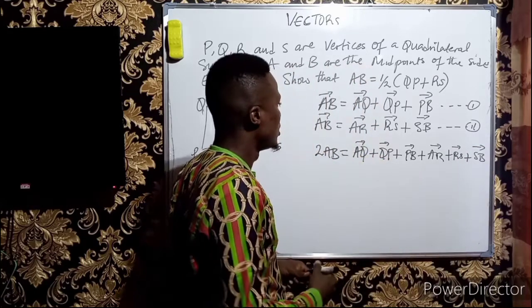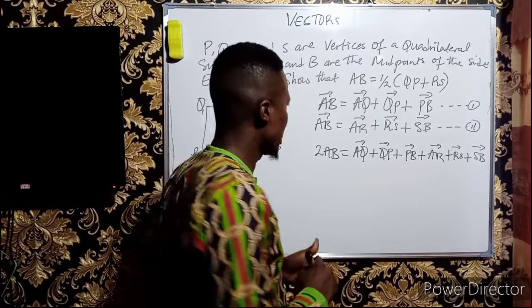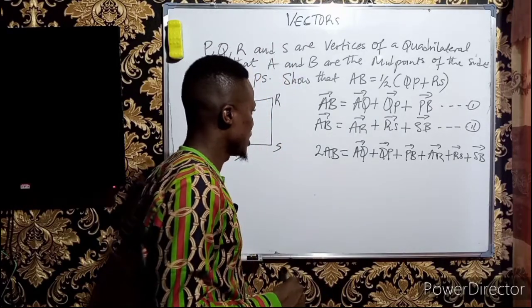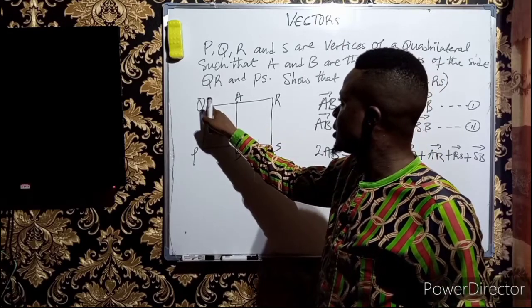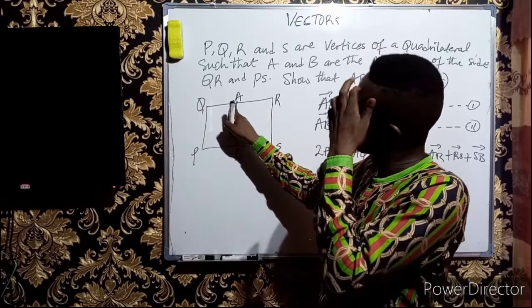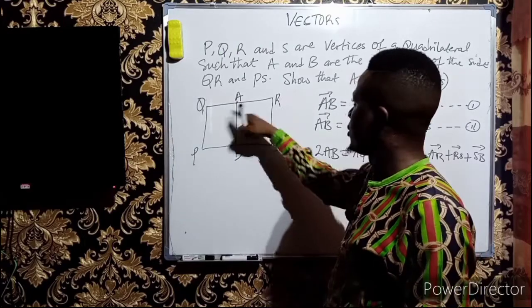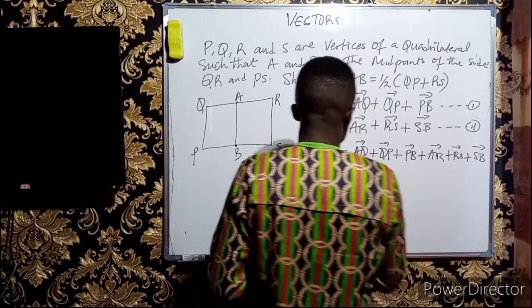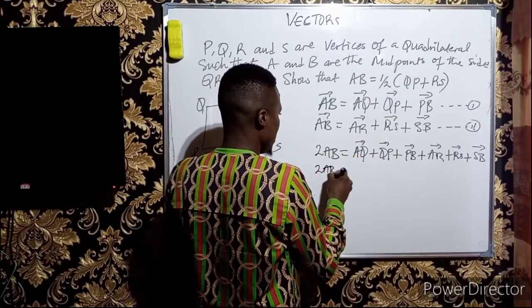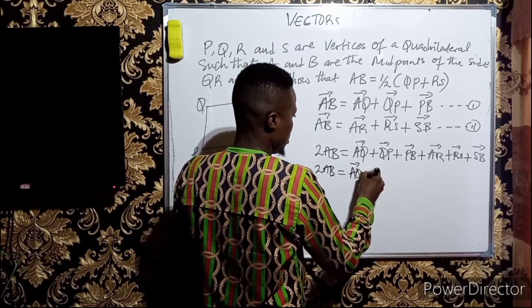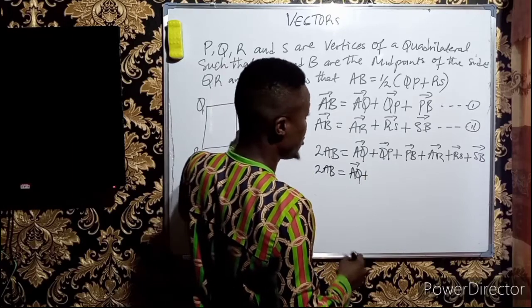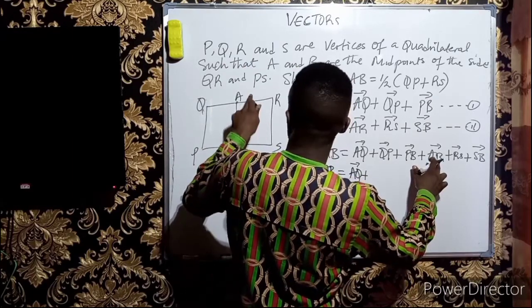That's just the sum. Now, the trick we are going to use here is to put similar sides together. For example, the first one I'm seeing here is AQ. AQ is in the same line with AR, so I will match AQ and AR together, or RA as the case may be. So 2AB equals AQ plus AR, the same line.